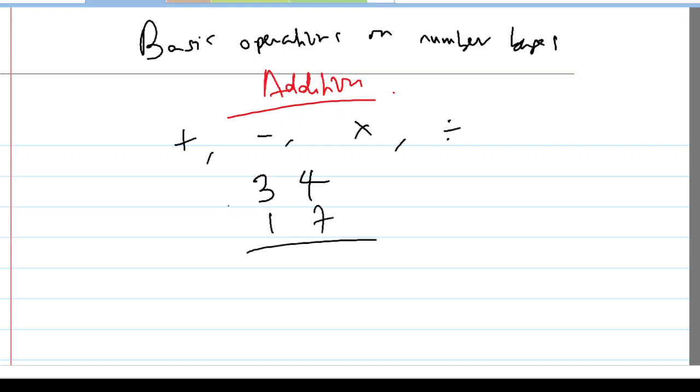Let me give you an example. Suppose you want to add these two numbers together. Don't forget they do not have any base here. Not having a base translates to the fact that the number is written in base 10. So it means in your calculation, the digits must be numbers between 0 and 9.